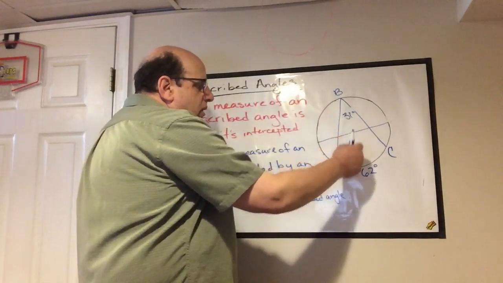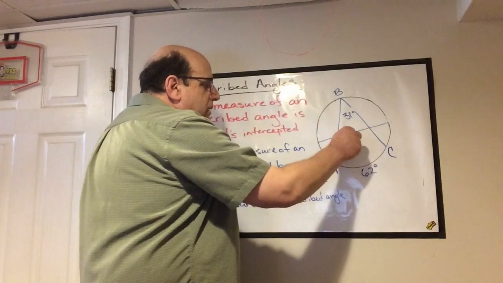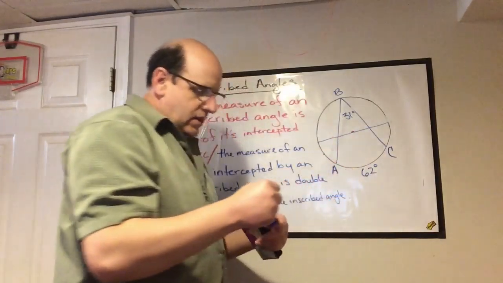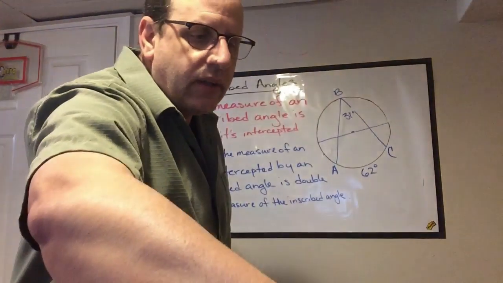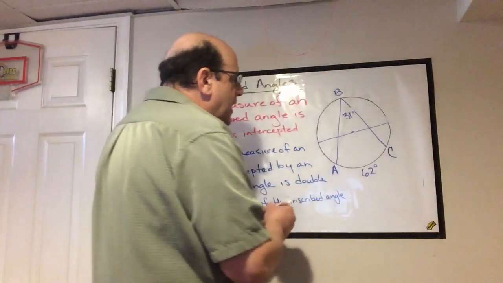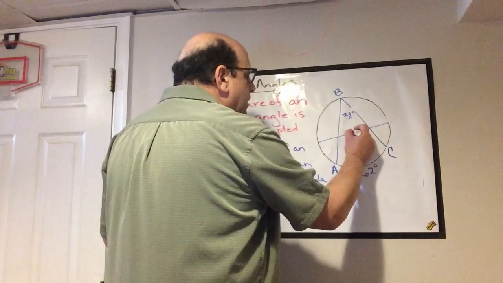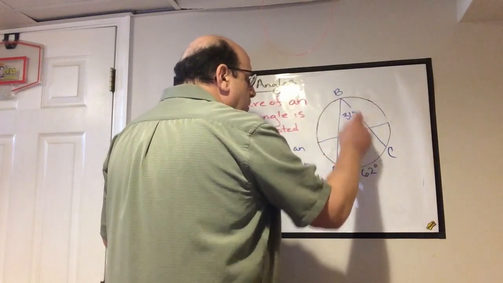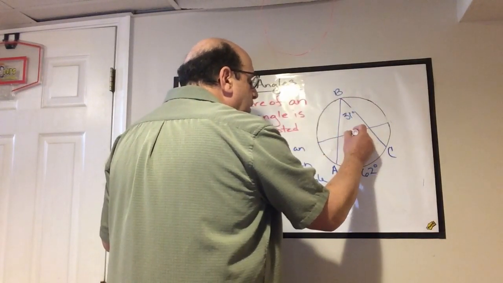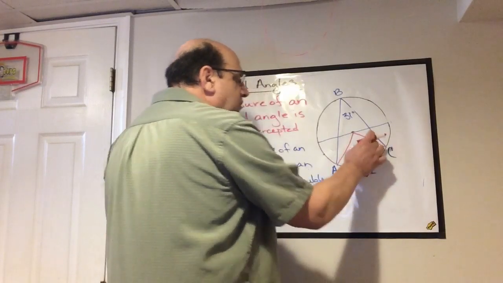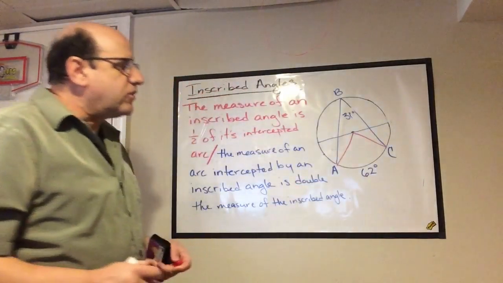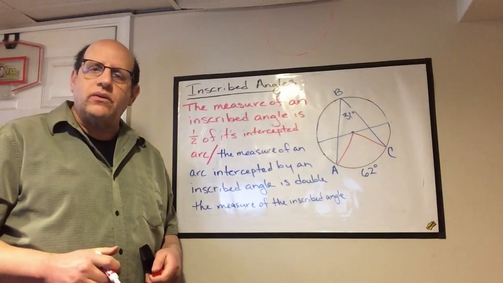And so if an arc is named by the angle that creates it, let me use a different color. See if that helps you out any. The angle that creates it, if it's, you know, half the distance away, and half that distance, oh, that does look sort of like a 62-degree angle.